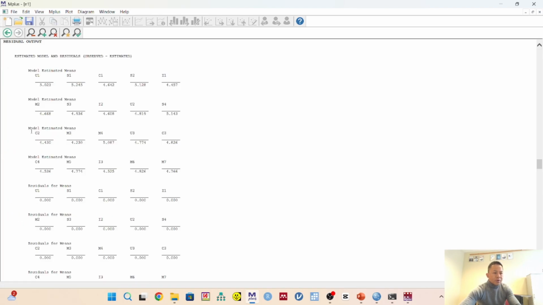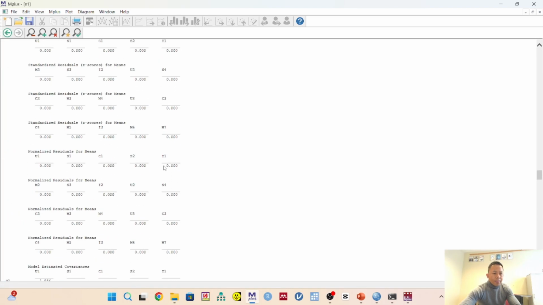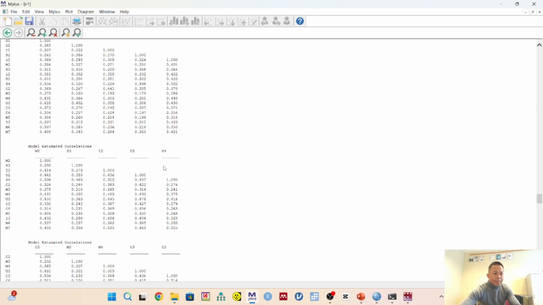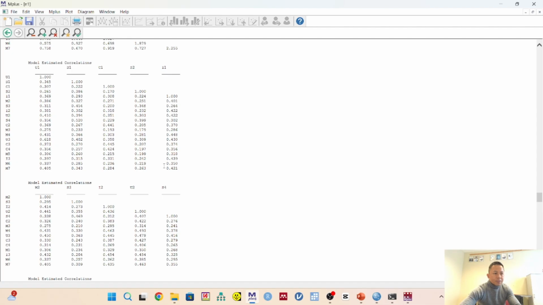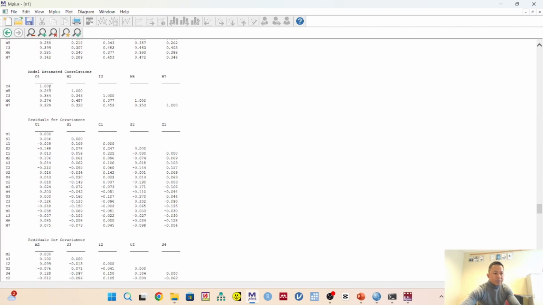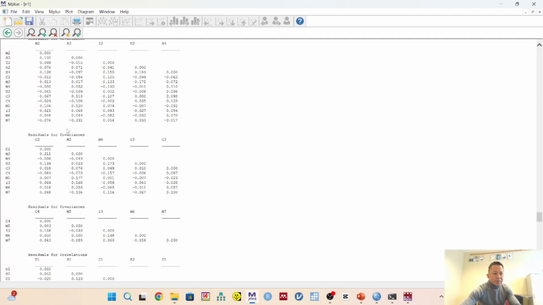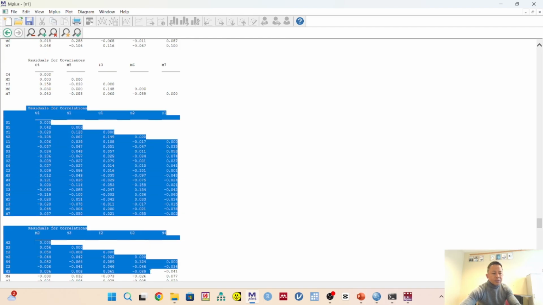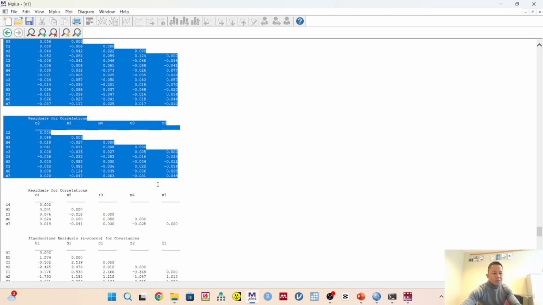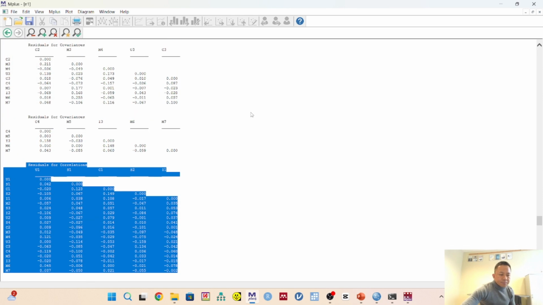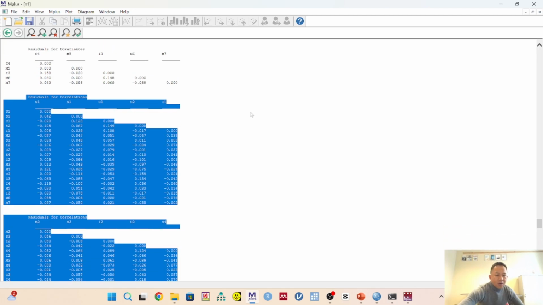Here is the residual output. Here, residual correlations, we should check it out. Here, model estimated correlation, residual correlation, residual covariance. Here from the residual correlations, all of these are here. We should check them.